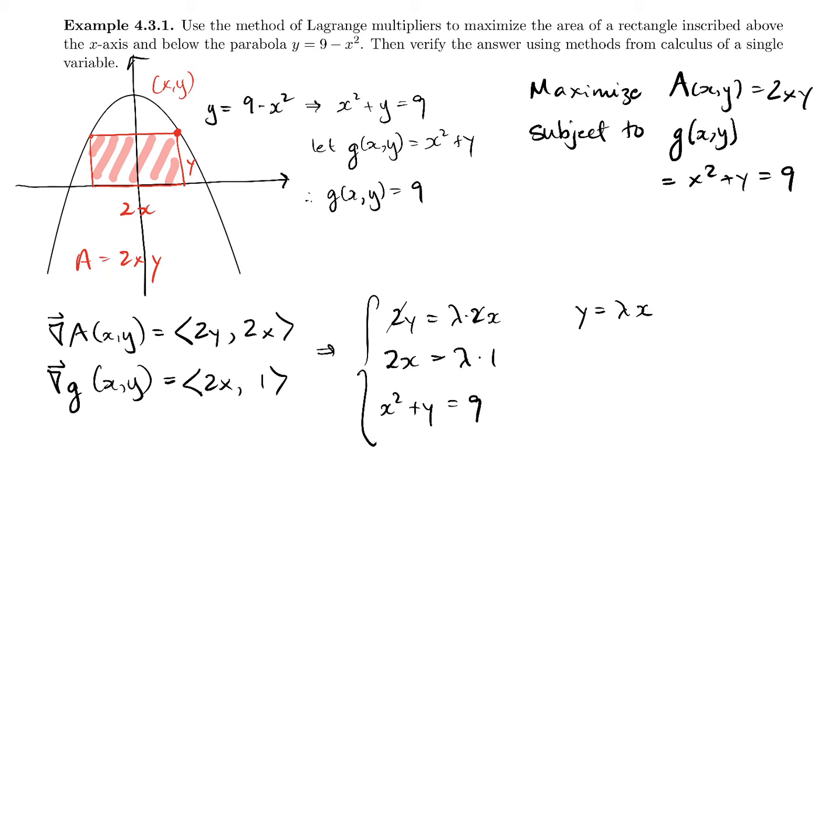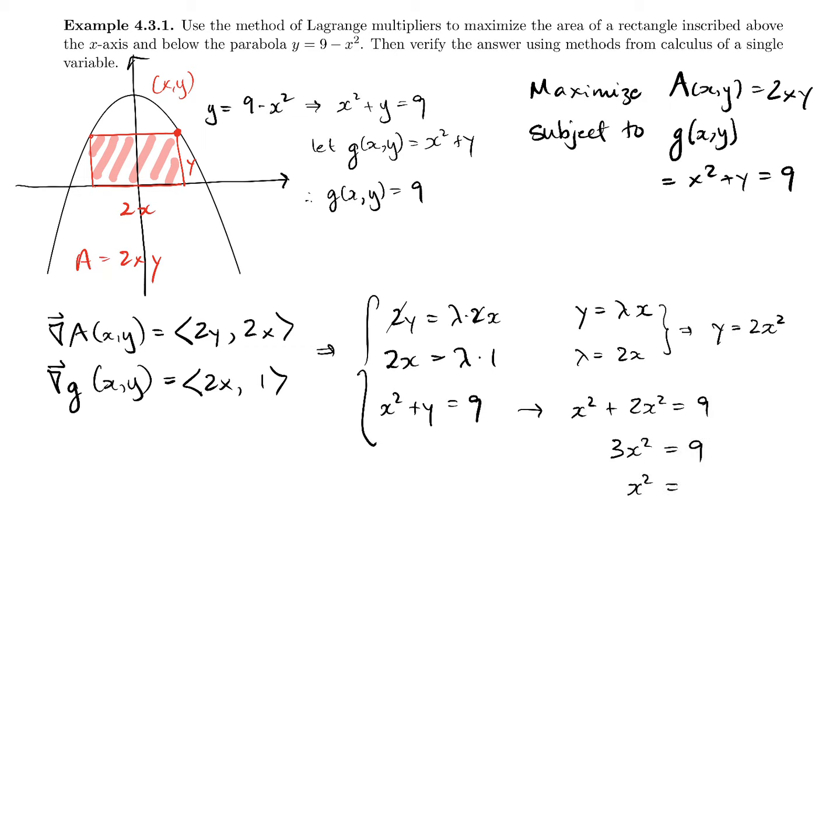Here from this equation we have that lambda is 2x. So if we put those together, y is equal to 2x squared. We'll take that and substitute into the last equation, so that x squared plus y becomes x squared plus 2x squared is equal to 9, or 3x squared is equal to 9.